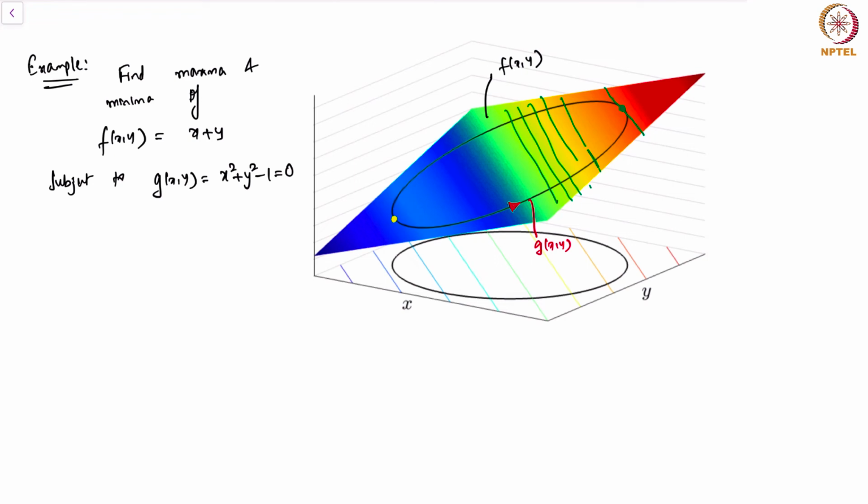At the special contour, the gradient of f would be like this. That's the gradient of f. And the gradient of g, the direction is not very important, in this case is like this. Note that at that location, the gradients of f and g are along the same line. In other locations, the gradient of g can be different.